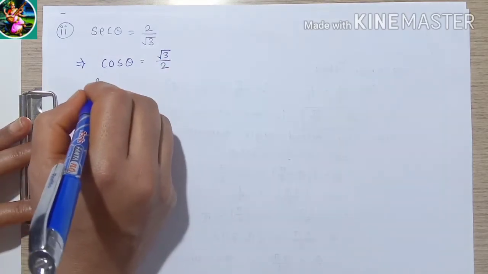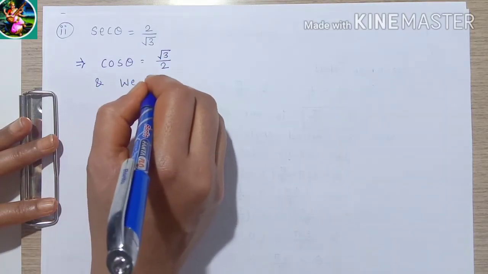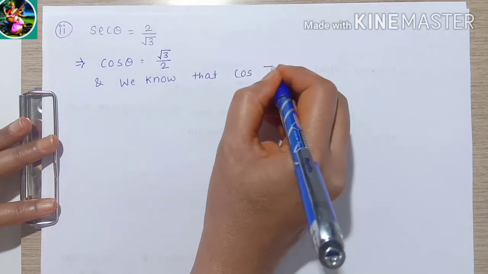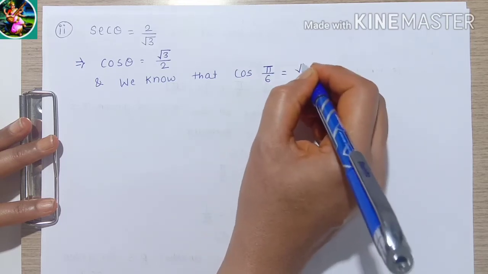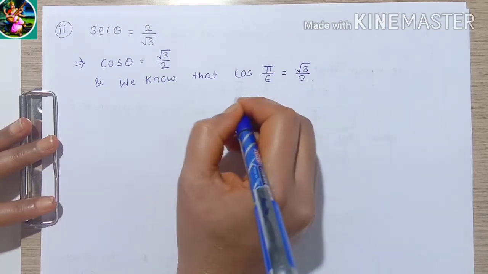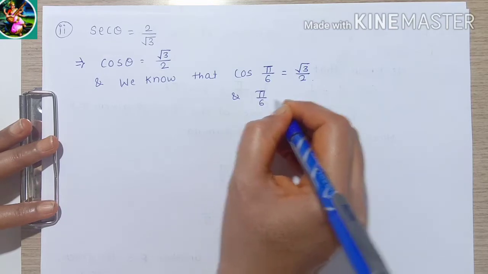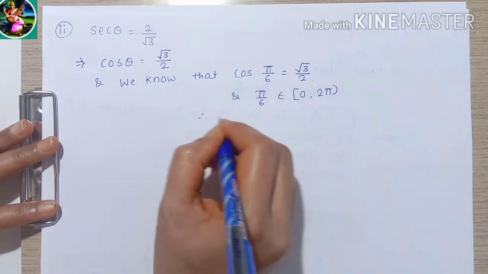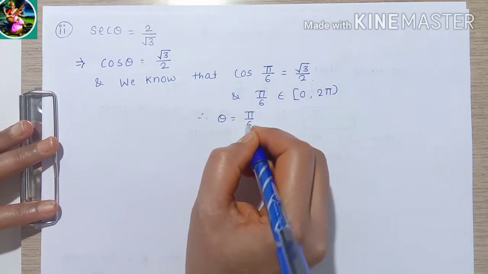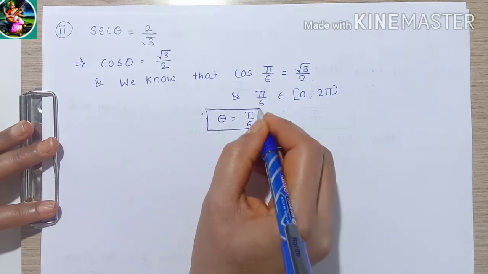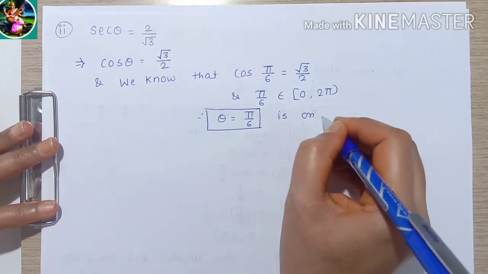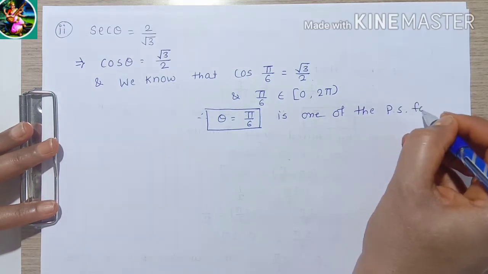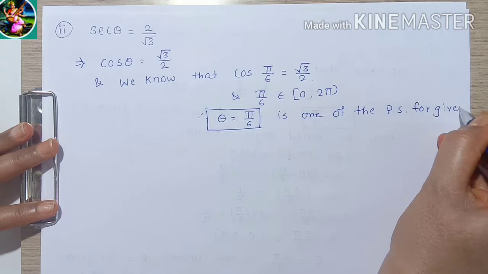Okay, and we know that cos of pi by 6 is equal to root 3 divided by 2, and pi by 6 lies between 0 to 2 pi. Therefore, theta is equal to pi by 6 is one of the principal solutions for the given trigonometric equation.